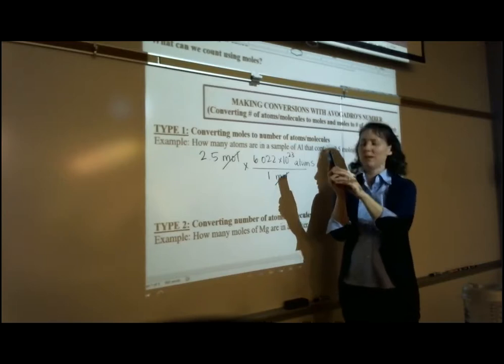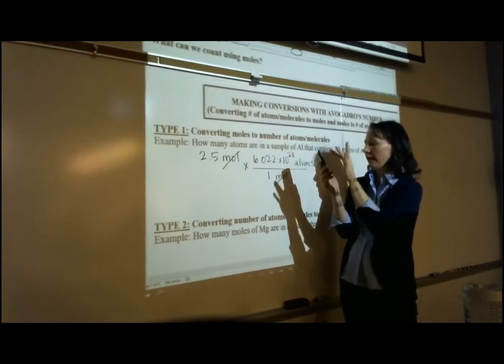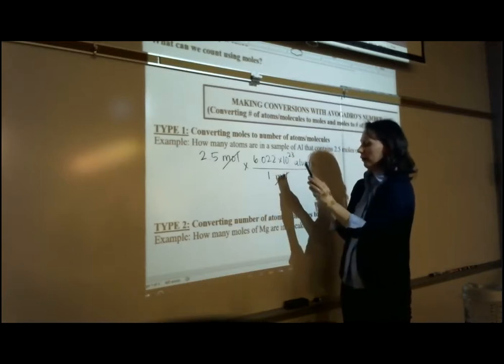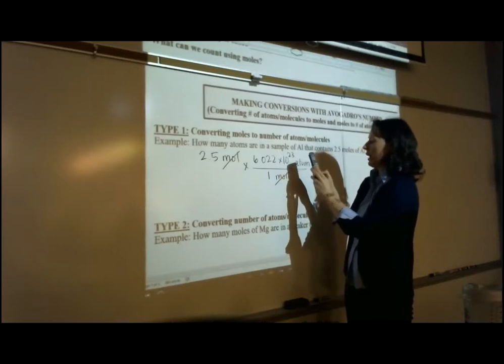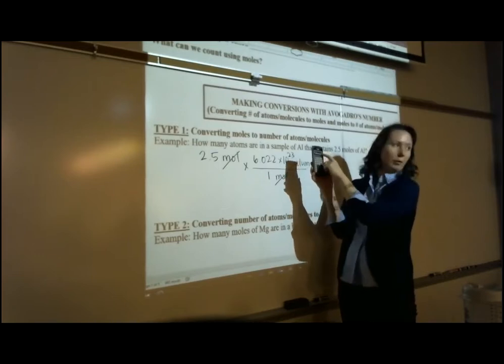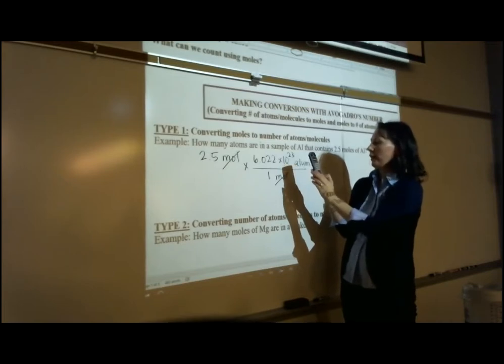I don't remember. It's going to be EE. Or you could have a 10 to the X button where you could put 10 to the 23. So you'd type 2.5 times 6.022, and then you hit EE 23, and that enters your exponent. That tells your calculator 6.022 times 10 to the 23rd, and then hit enter.